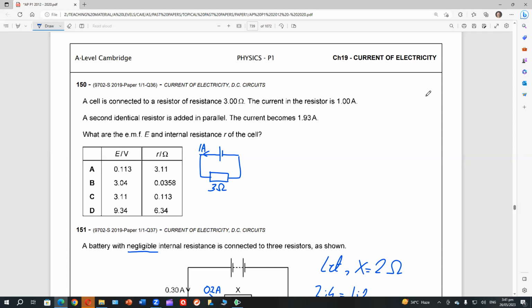A second identical resistor, it means that would also be 3 ohm.